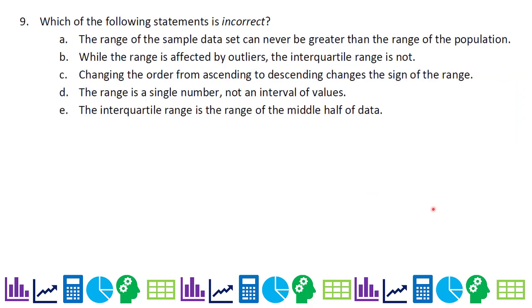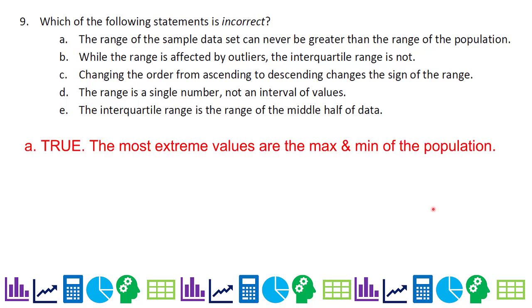9, which of the following statements is incorrect? Always fun because we have to go through every statement. A, the range of the sample data set can never be greater than the range of the population. That's true. The most extreme values are the max and the min of the population. B, while the range is affected by outliers, the interquartile range is not. True. IQR is not affected by outliers. Range definitely is.